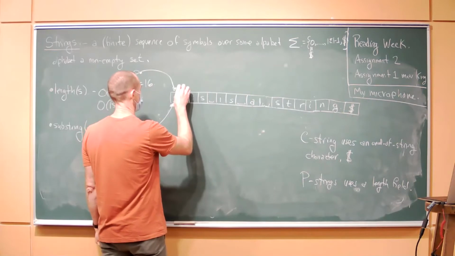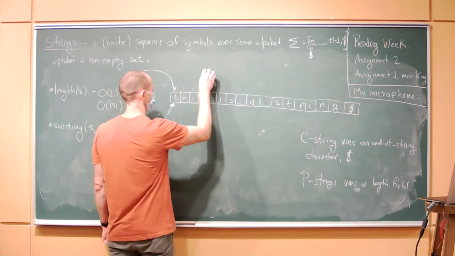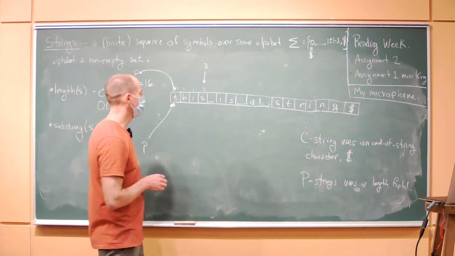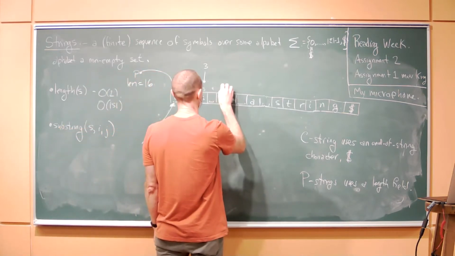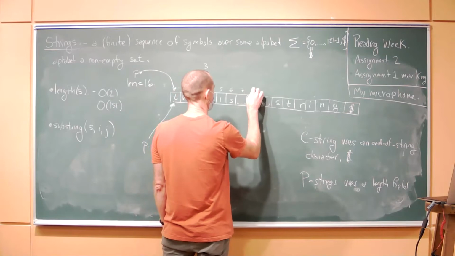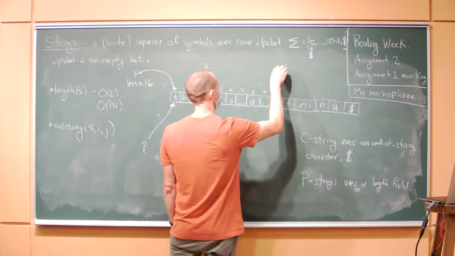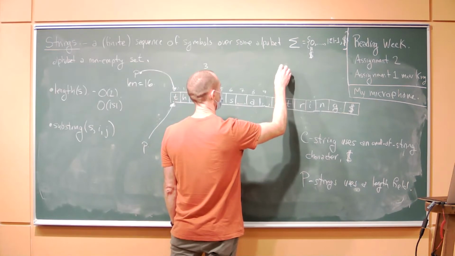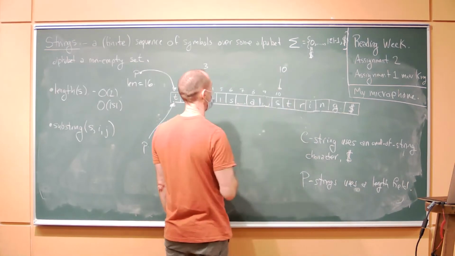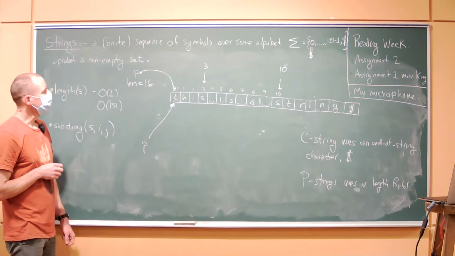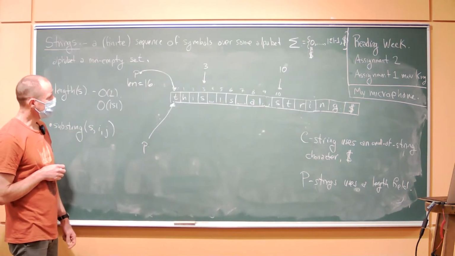So I might ask for the substring from index i up to index j, say up to and including index 10.